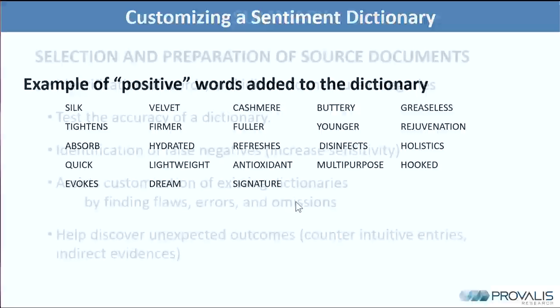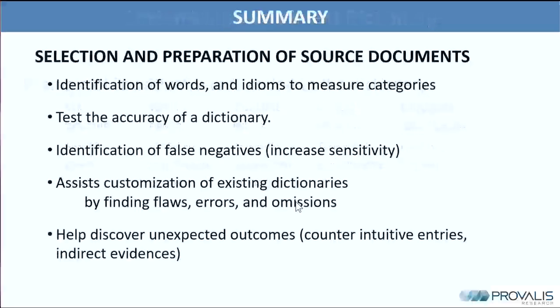To summarize what I would consider the benefits of using categorized or tagged documents when you build dictionaries, I would say that the main one is to assist you in identifying words and idioms to measure the categories you want to measure. It also provides a way to assess the accuracy of your dictionary by applying it and seeing whether it detects those items that have been categorized.